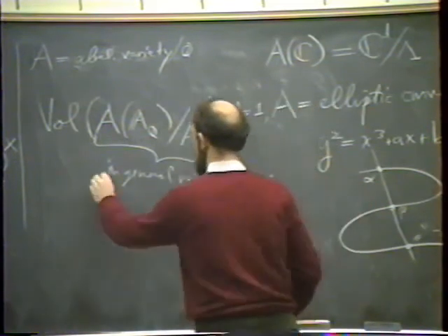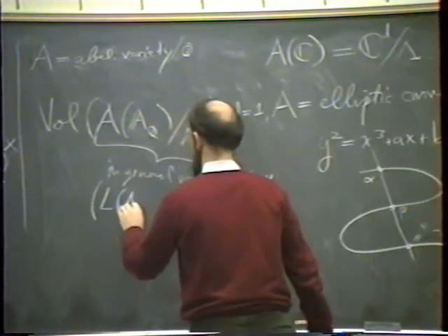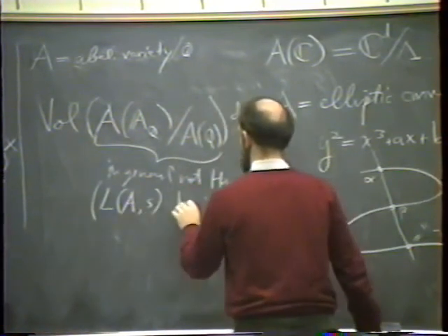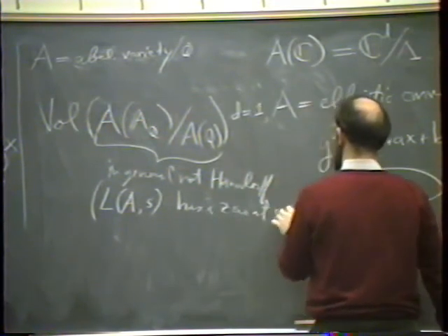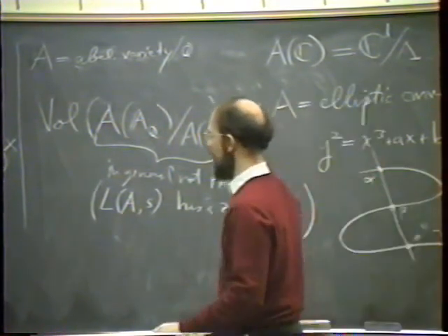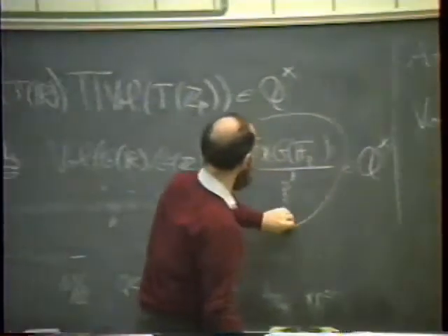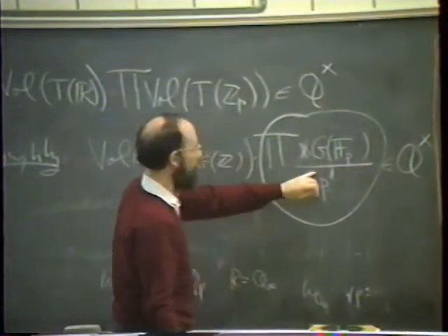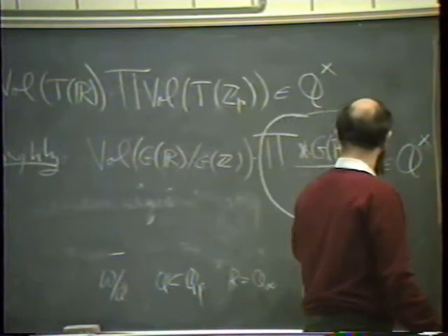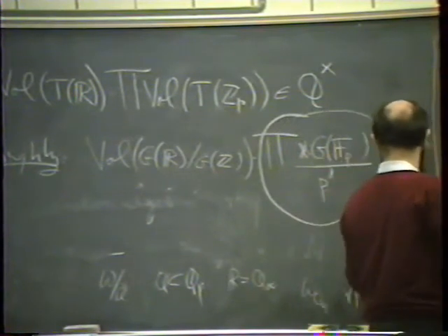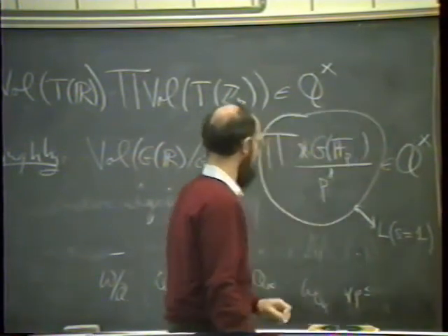This corresponds to the fact, for the cognoscenti, that the L function of A at s equals 1 has a zero. I should have mentioned in connection with this kind of calculation that formally this product over the finite primes looks like the value of some L function at some point.